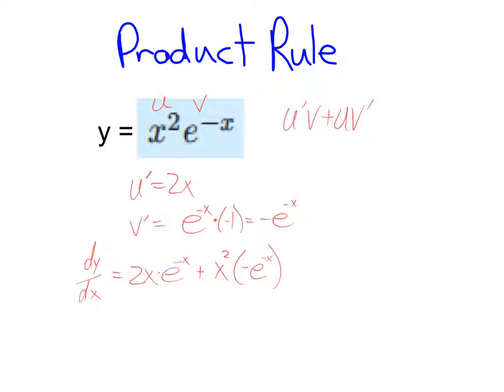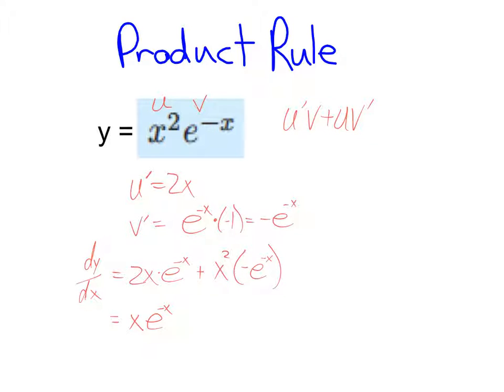What happened before anytime we had the chain rule inside the product rule? We had a common factor we could take out. Well, look, that happens here as well. We have common factors of x and e to the negative x.